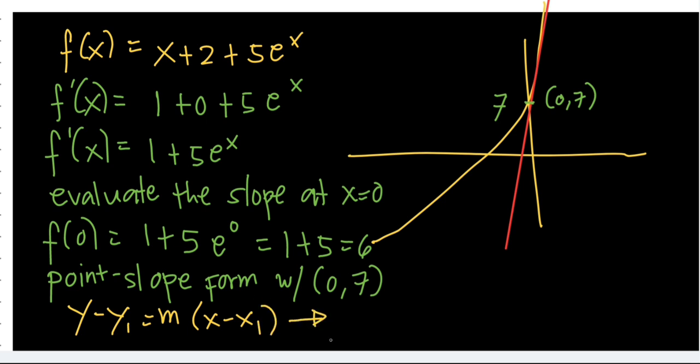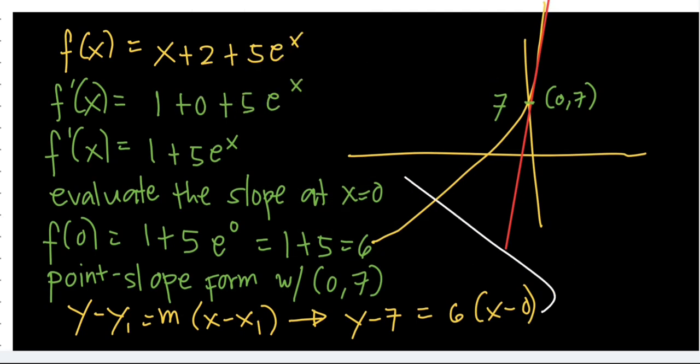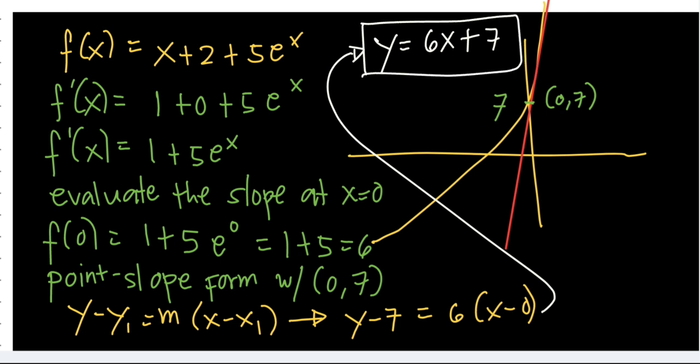So this would become y minus 7 equals 6 times x minus 0. And then we simplify this. When we simplify that, y would be equal to 6x plus 7. Now this is the equation of the tangent line at 0, 7.